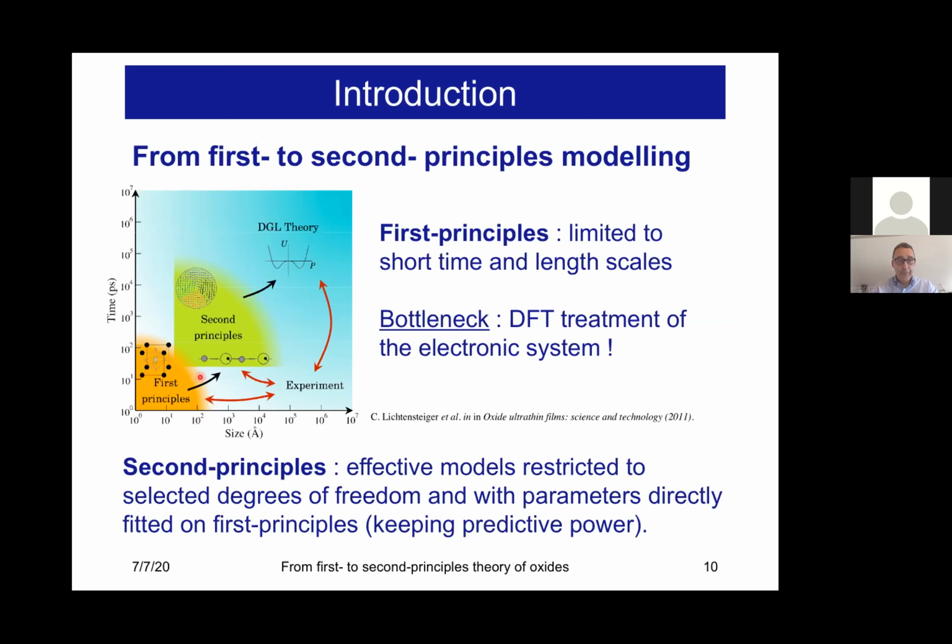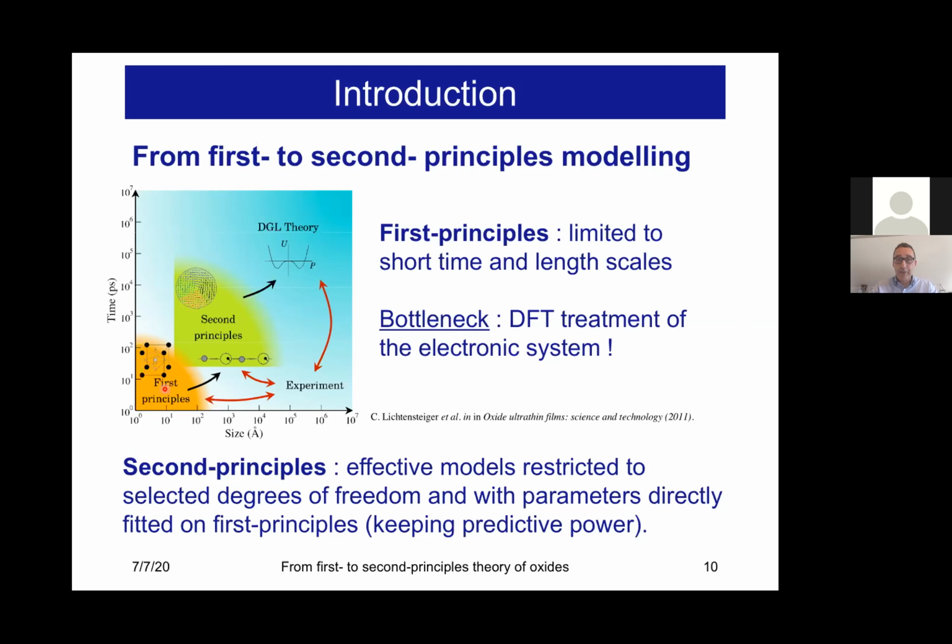So the hope, of course, now is to go larger scale. If we want to address interesting questions from the experimentalists, if we want to look at domain walls, at phase transitions, for instance, to put temperatures and things like that, we need to go beyond first principle density functional theory. It's not because density functional theory is not able to treat that.